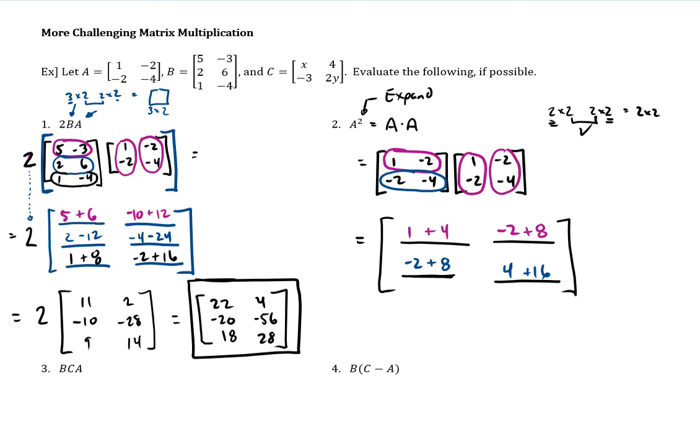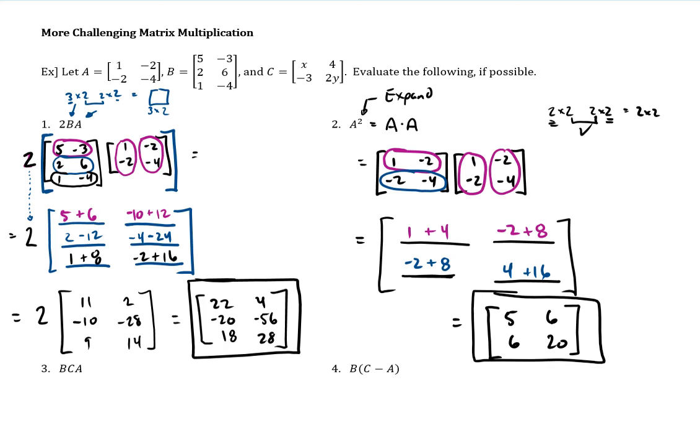And then now we can simplify. 1 and 4 is 5. Negative 2 plus 8 is 6. Negative 2 plus 8 is also 6. 4 plus 16 is 20. Okay, so that's it. So that's if they throw in that type of power.